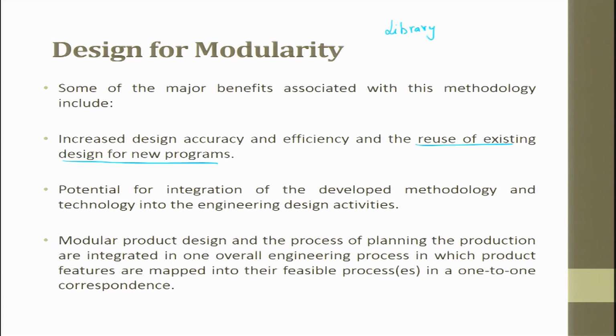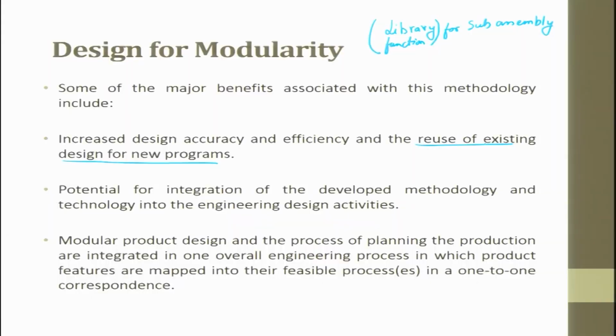Library functions for sub-assemblies will be made in the CAD itself, library function. So, for example, in a CAD model, people will talk about tire separately, nut separately, bolt separately. All you have to do is call that nut, call that bolt.